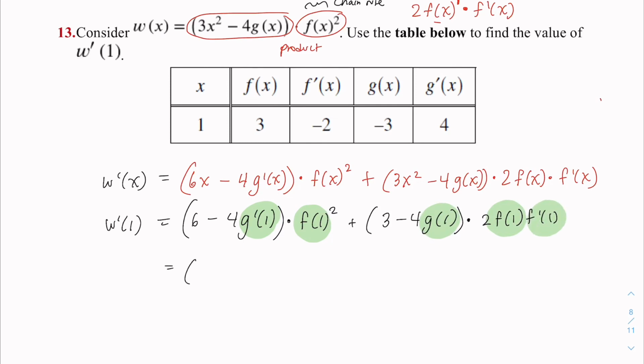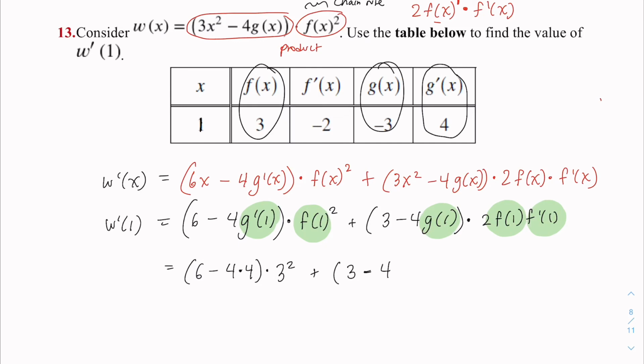So all the hard work is done. 6 minus 4 g prime of 1. So when x is 1, it's showing me right here. So g prime of 1 is 4. f of 1 is 3. g of 1 is negative 3. f of 1 again is 3, and f prime of 1 is negative 2.